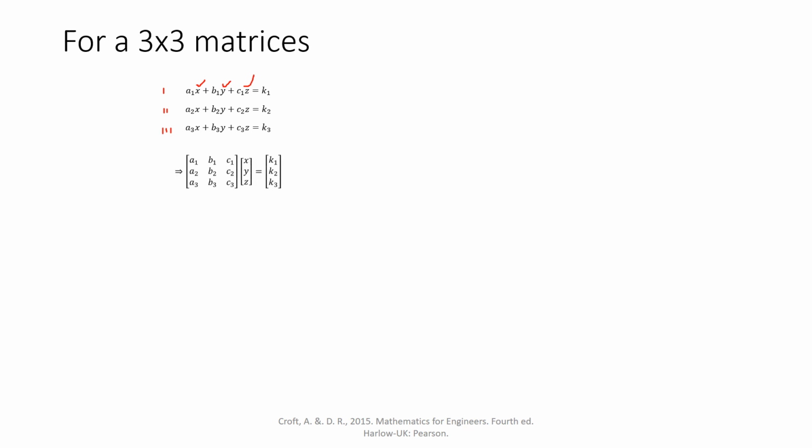Now first of all, matrix form. Matrix form is almost it. All the numbers written in front of x, in front of y, and in front of z are written at a distance, but take care, the x numbers are here, the y numbers are in this column, and the z numbers are in this column.